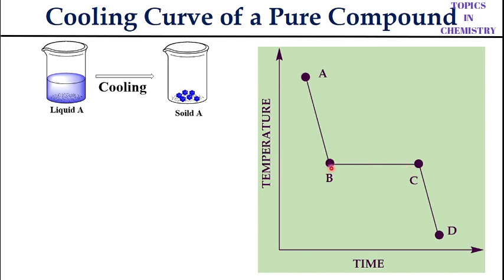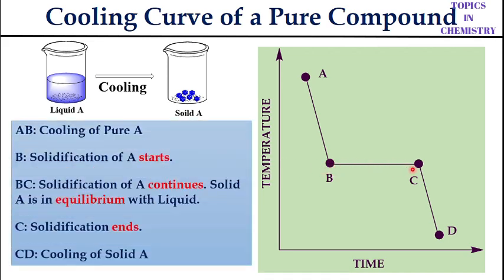Through BC, the solidification of A continues, and at C the solidification ends. After C, with increase of time the temperature decreases again, meaning the cooling of solid A occurs. In brief, at point A the cooling of liquid A starts.